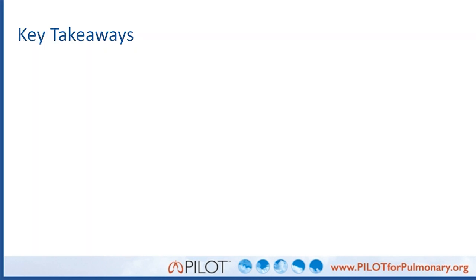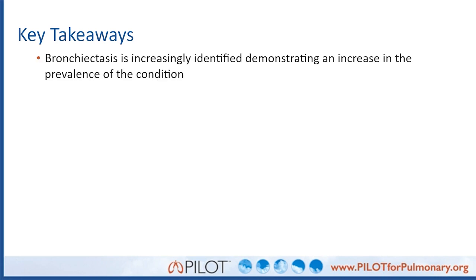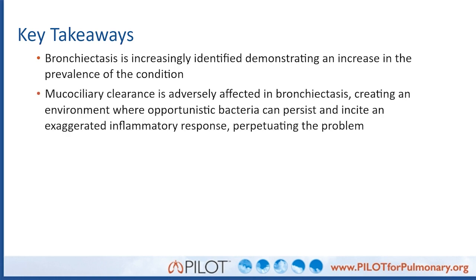Key takeaways from this session include the following. Bronchiectasis is increasingly being identified, demonstrating an increase in the prevalence of this condition. Mucociliary clearance is adversely affected in bronchiectasis, creating an environment where opportunistic bacteria can persist and incite an exaggerated inflammatory response, perpetuating the problem.